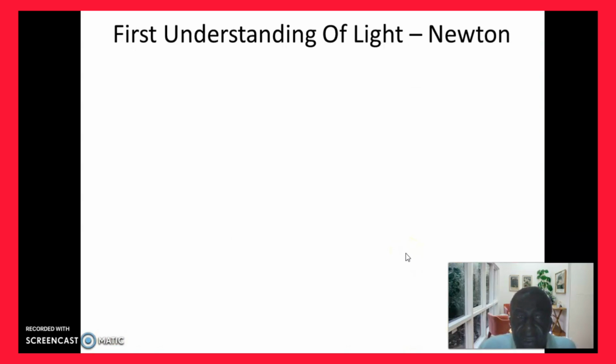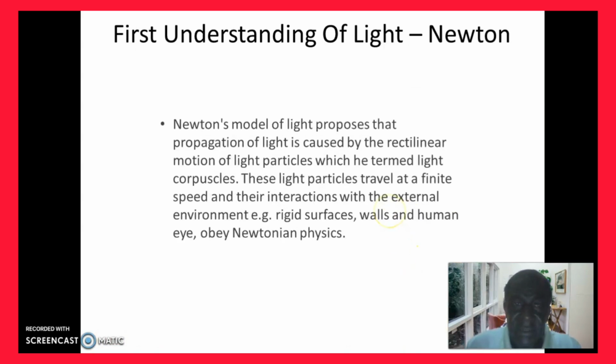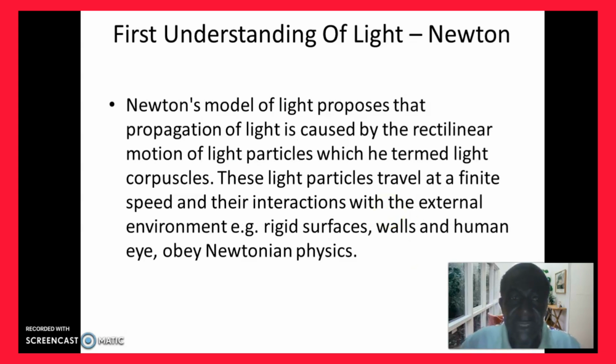Now let's go to this next stage. First, understanding of light. With that understanding, we use the Newton model of light, which proposes that propagation of light is caused by the rectilinear motion of light particles, which we term light corpuscles, moving in a straight line.